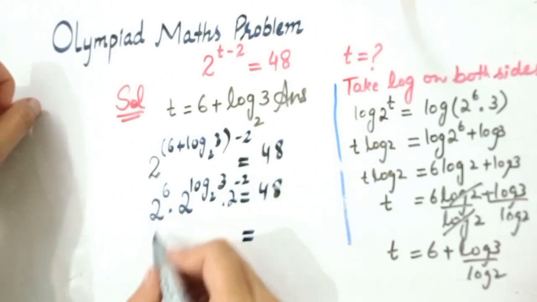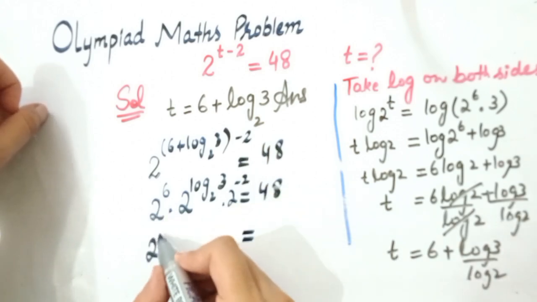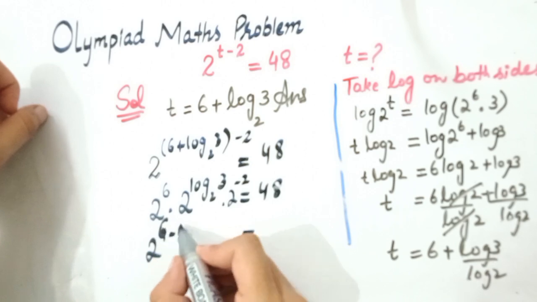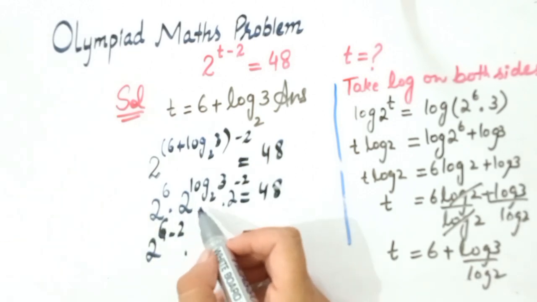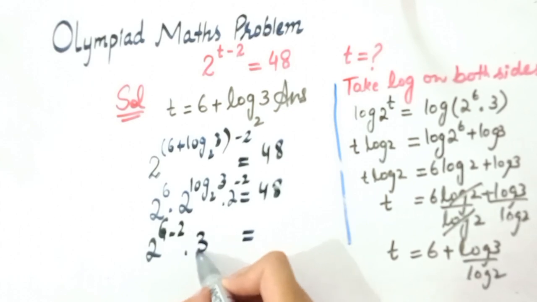Then 2 raised to power 6 minus 2 into 2 raised to power log base 2 of 3. Here you can see this equals 3.